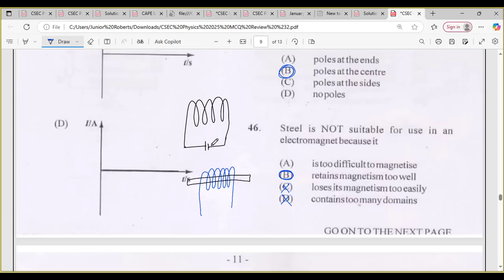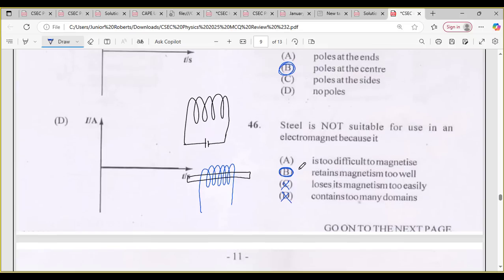But as soon as we disconnect the circuit, because steel has the ability to retain its magnetism, the coil causes the steel to become magnetized due to the current passing through the coil, and as soon as we disconnect the circuit, the steel is going to retain the magnetism. So in fact, for 46, we're going to go with B.